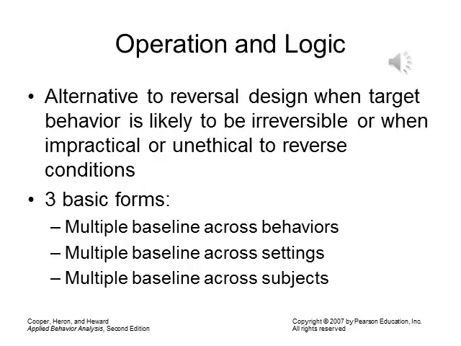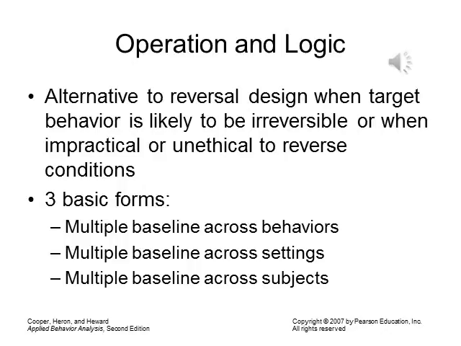Now there's a way, for example, to examine the impact on spelling by using an ABAB design, but really the spelling words that one learns aren't going to go away. You have to depend on tests of new words. And sometimes it's unethical to reverse conditions. Things may have been really, really bad or life-threatening or dangerous, and so we were unlikely to want to withdraw treatment. So in these cases, multiple baseline is often useful.